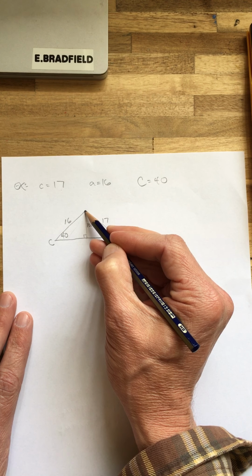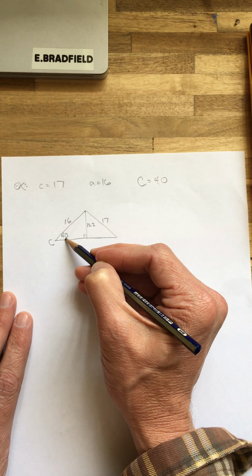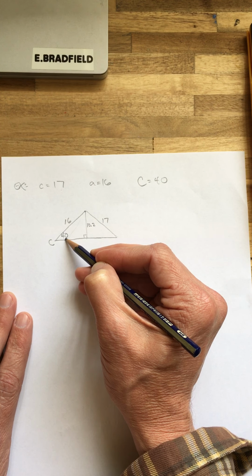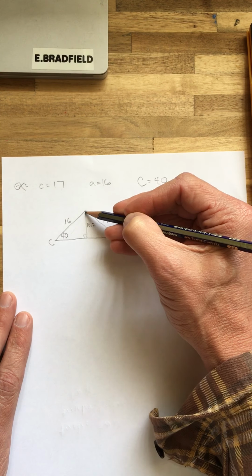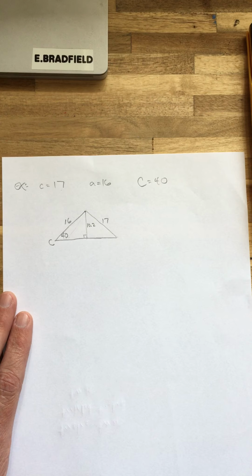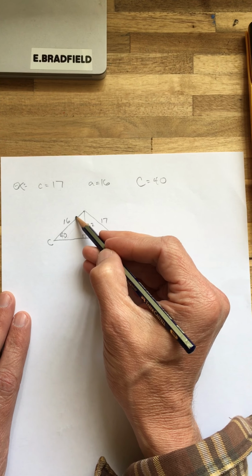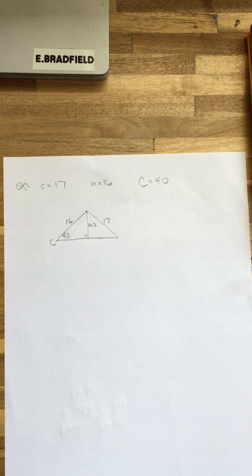If I was going to draw from here to here, what do you know about that line? It's less than 16, right? That line from here to here would be somewhere in between 16 and 10.2. So the only choice that I would have if I was going to draw it in this direction would be over here, which is outside of the triangle, and it doesn't even make a triangle.